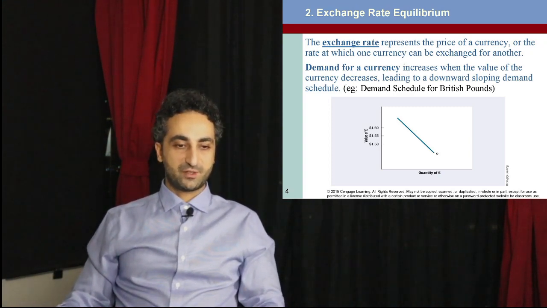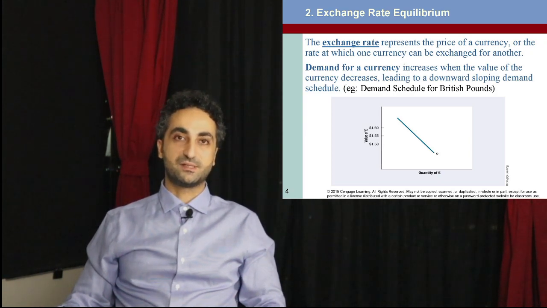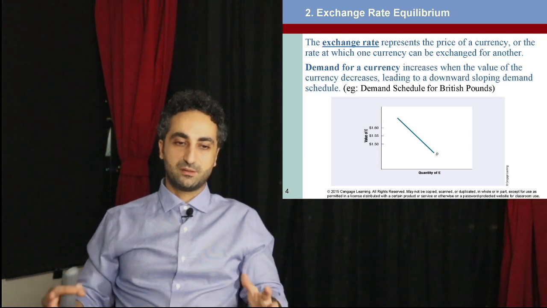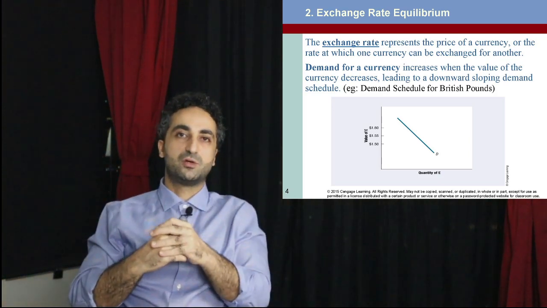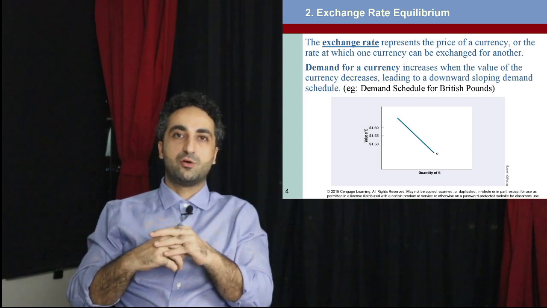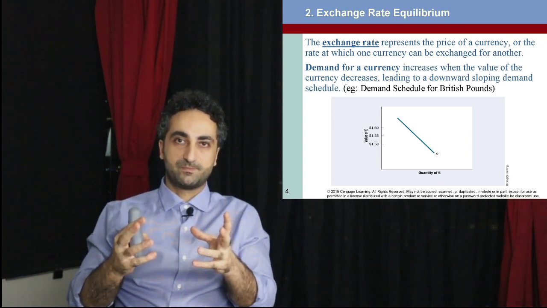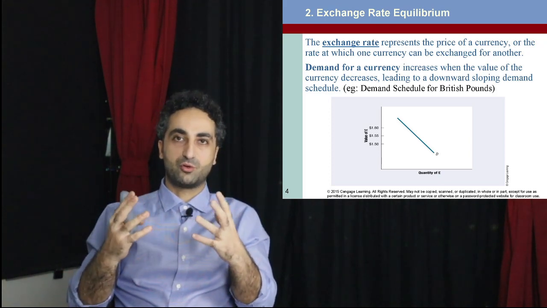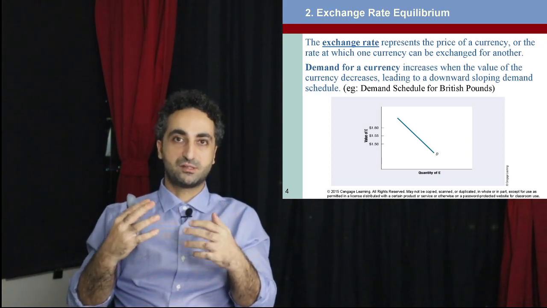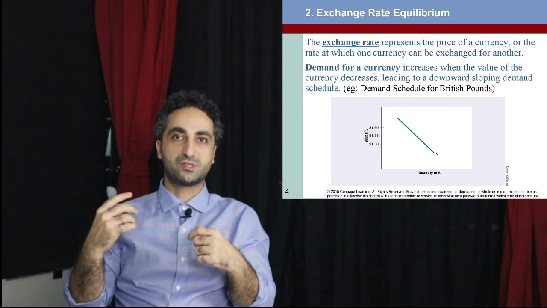Demand for a currency increases when the value of the currency decreases. So if the value of USD decreases and we have a business, we import raw materials, we might start importing from the US. Why?